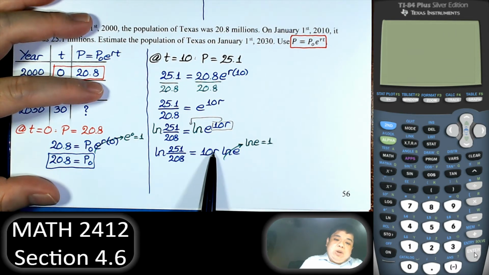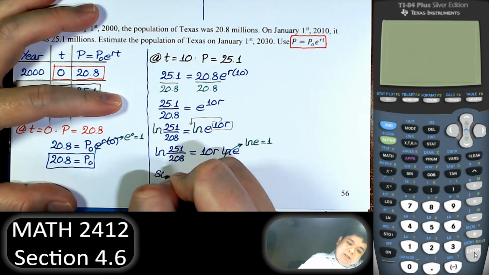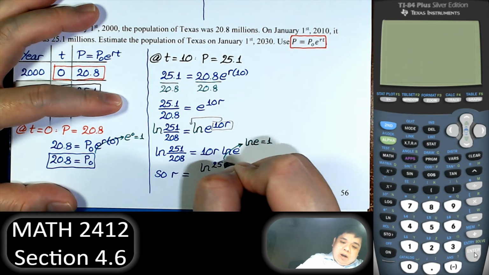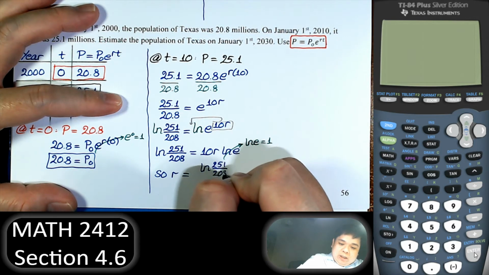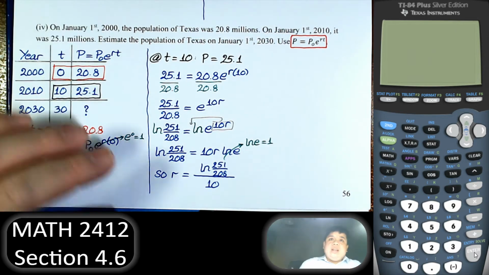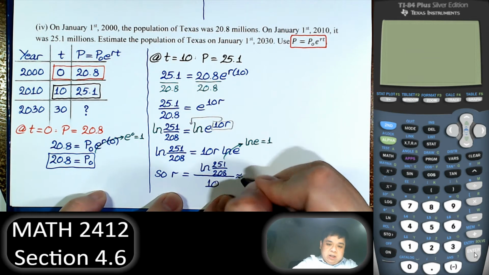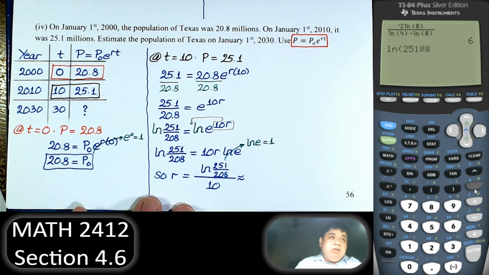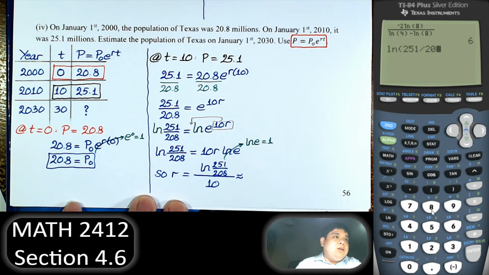So in that case, we solve for r, which is equal to ln of 251 over 208 divided by 10. So let's just get the approximation here. ln of 251 divided by 208, divided by 10.